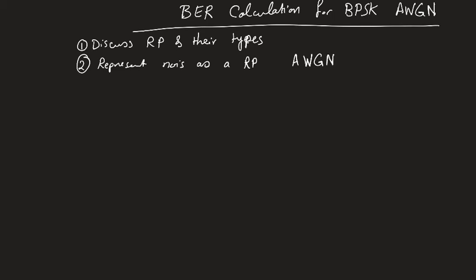So for additive white Gaussian noise you should know the properties: its autocorrelation function R of noise is equal to N0 delta of tau, and the corresponding power spectral density is a constant value equal to N0. Also, for noise the power spectral density is related to the variance of the Gaussian distribution of the noise.